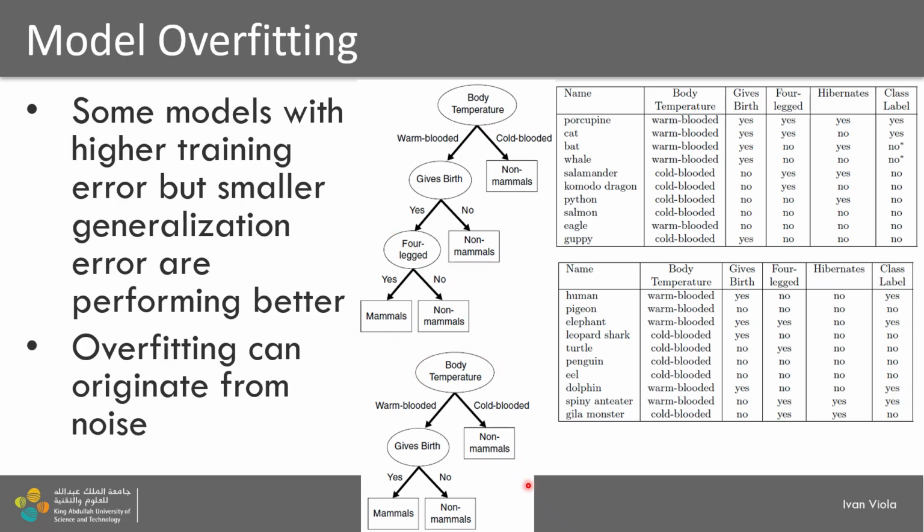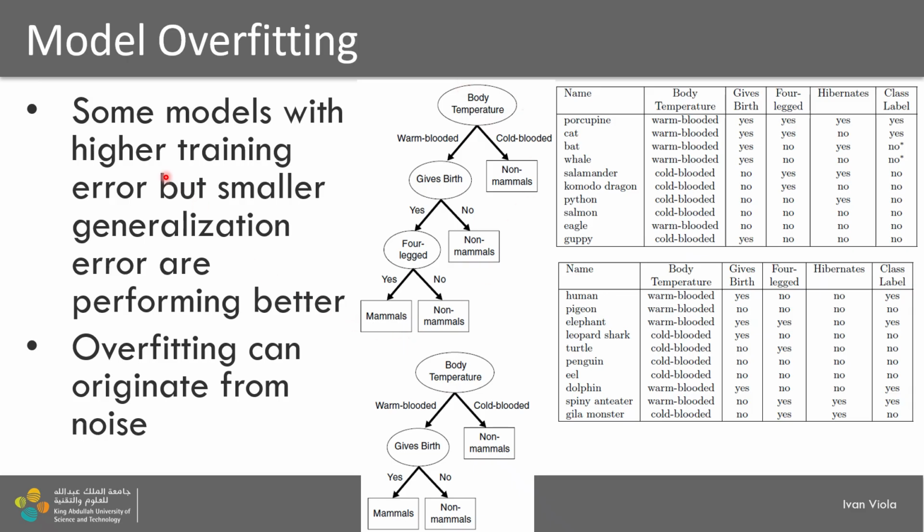So this would be a more accurate representation of the decision tree, which, if we would prune this depth detail, we will get an accurate assessment, and for example a human will be correctly classified as a mammal, while with this decision tree, it will not.